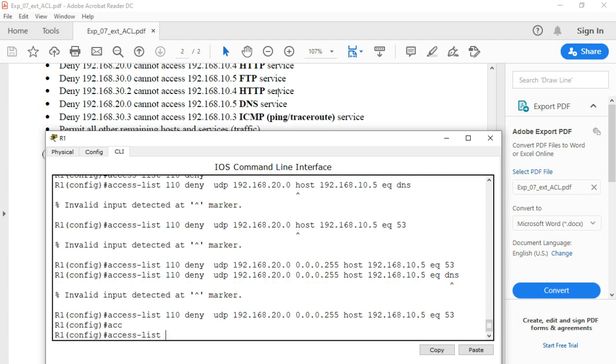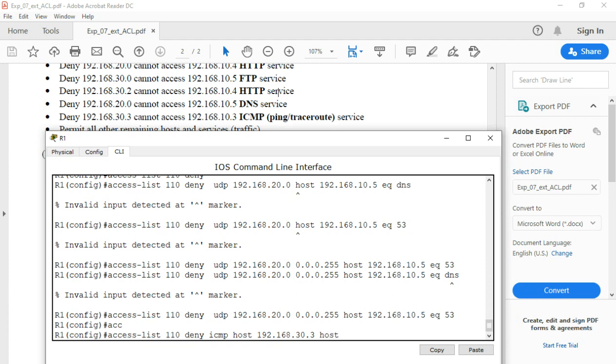Access list 110 deny ICMP, then which host, it is a host 192.168.30.3. This will prevent this host from reaching a computer in the other network.